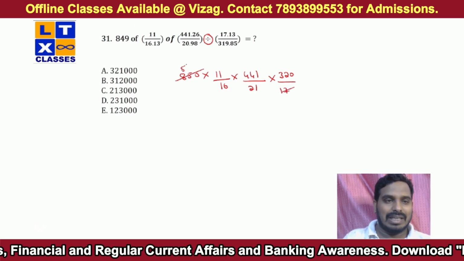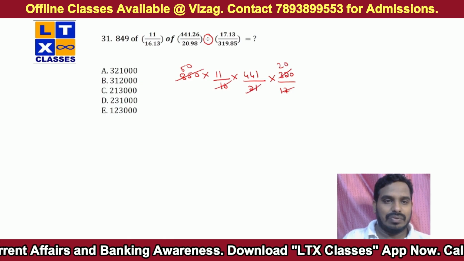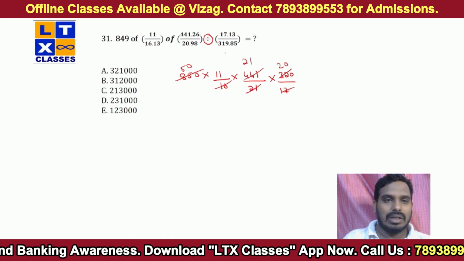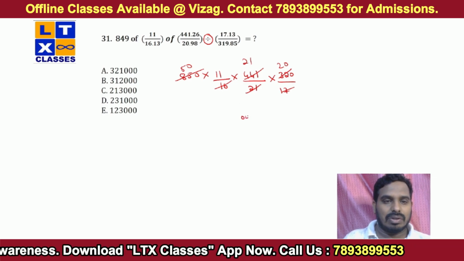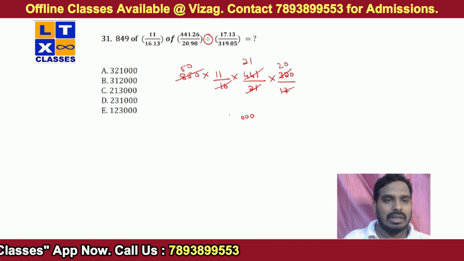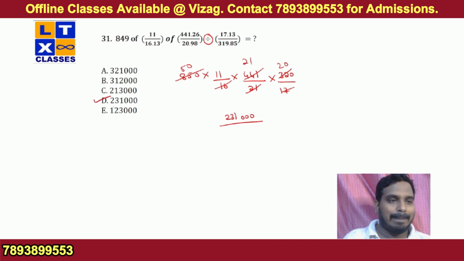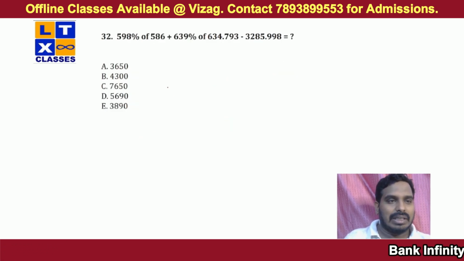Now 17 5s are 85, 16 2s are 32, and 441. Now 50 into 20 will be equal to 1000. So I'll end my answer with 3 zeros, and 21 into 11 will be 231. So 231000, right?